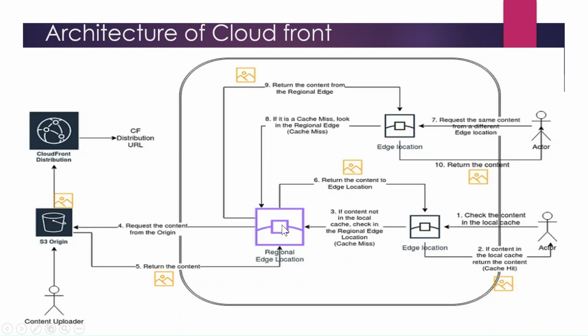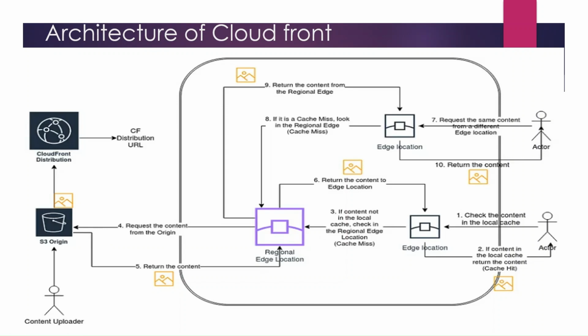So in the regional edge location, if the regional edge location also doesn't have the content, it requests the content from the origin server, like an S3 bucket.